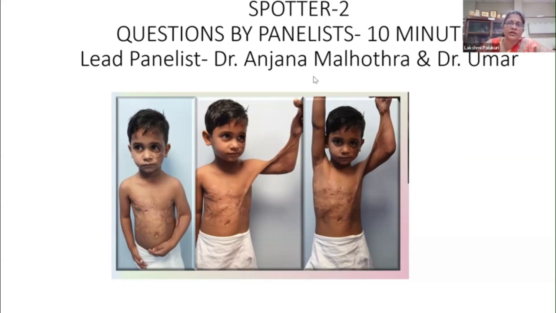So minimize the grafting requirement in these cases, because it's like a web, it itself can provide the flap. Always think of surrounding normal skin and the suppleness of the scar, which will support the release and cover the area, and only the remaining areas can be grafted.